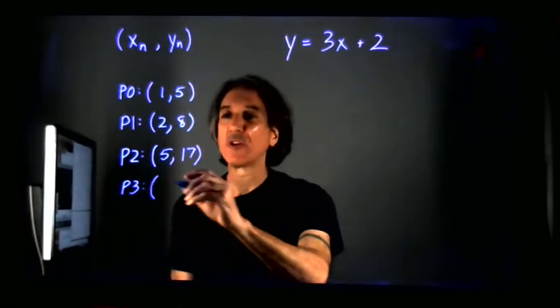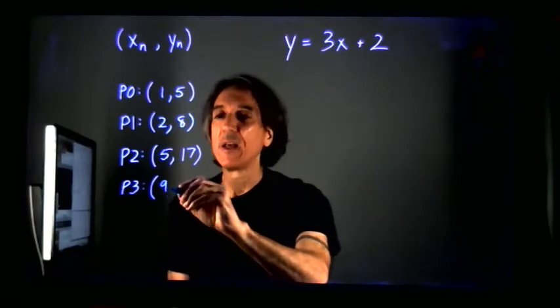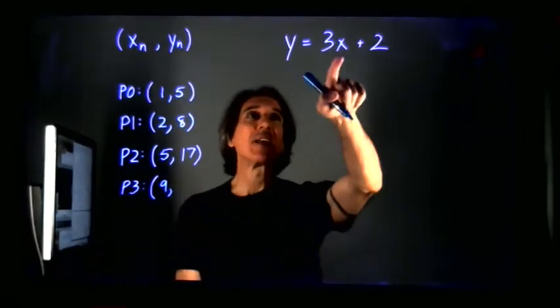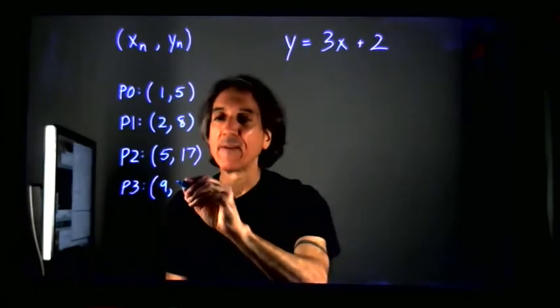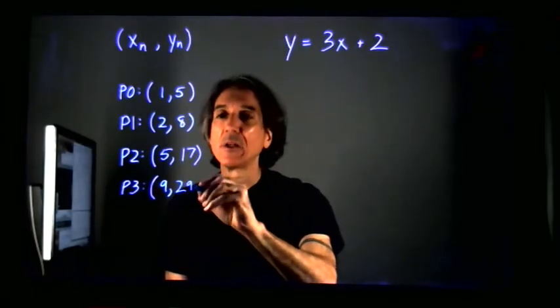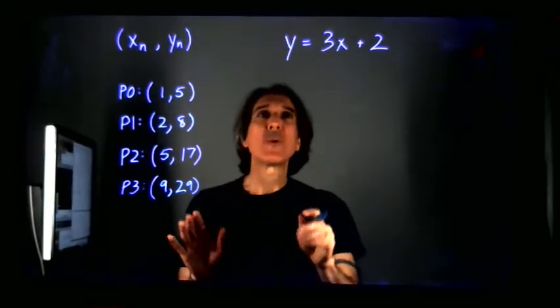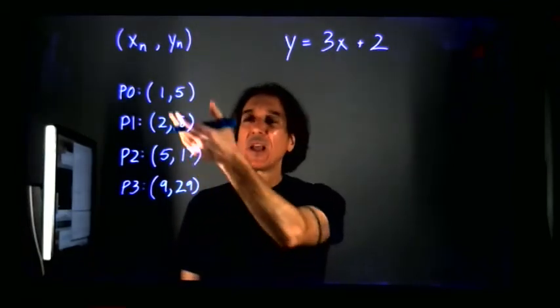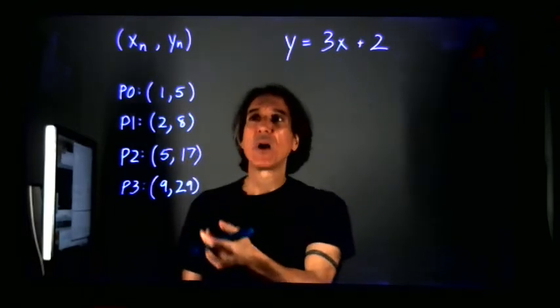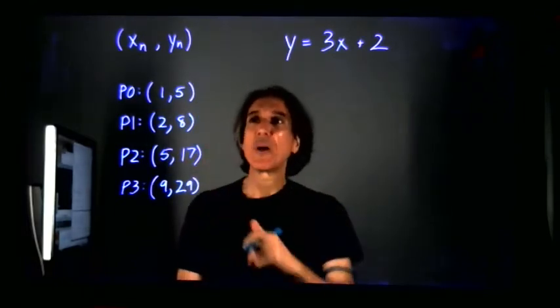For this one, I'll choose an x value of 9. And when I plug that in, I get 9 times 3 is 27, plus 2 is 29. These are all ordered pairs that make this equation true.